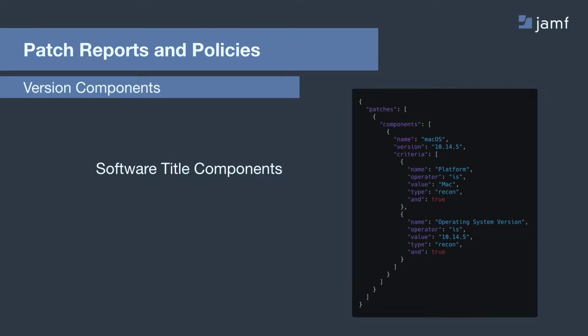And if a computer meets this, then it's reporting as, yes, I'm actually at the version that is considered the latest according to the definition. So that's how you get into the green for your pie chart. Now you'll notice that these criteria that are inside the components key, they look a lot like what you see for smart groups, and they are. So what patch management is doing in the background automatically for you is it's creating and auto-managing smart groups based upon everything that's inside that definition file.